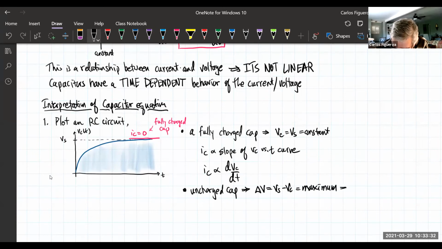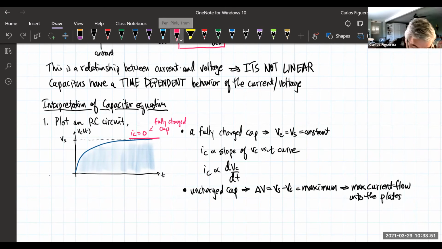So that means that I have maximum current flow onto the plates. Right? I have maximum current flow. So when I look at this, look at the slope. The slope here at t equal to 0 is the maximum slope.